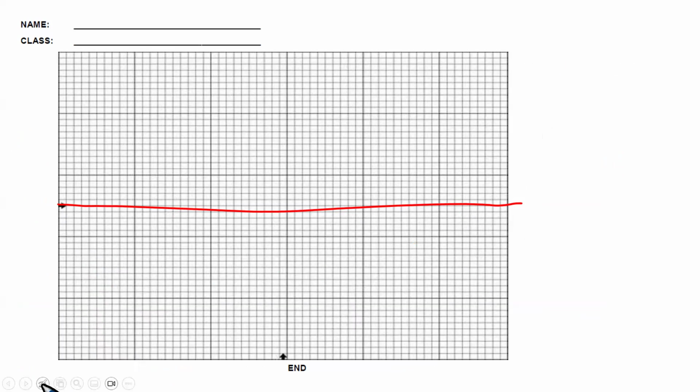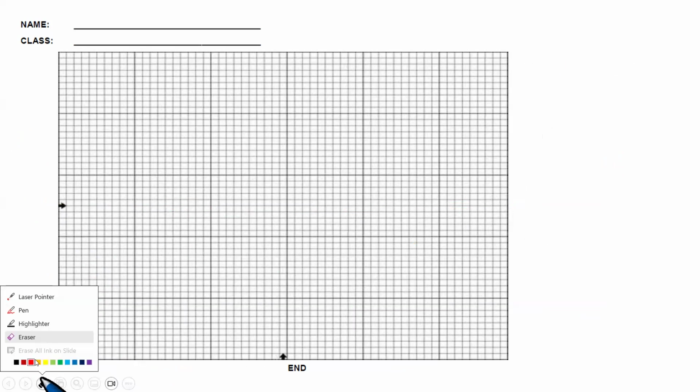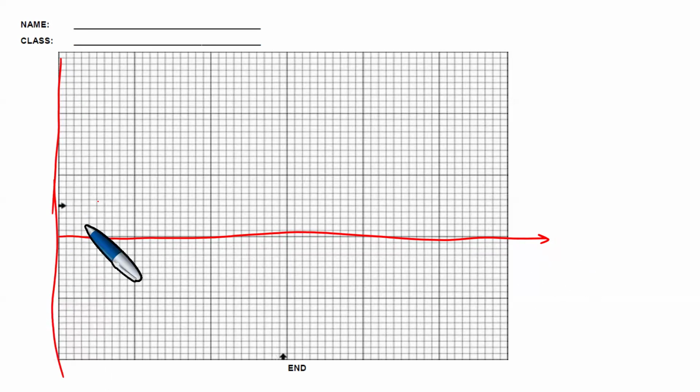You can draw it anywhere, so let's draw it somewhere here, like so. Then you draw the vertical axis like this. Now this is going to go up like this.